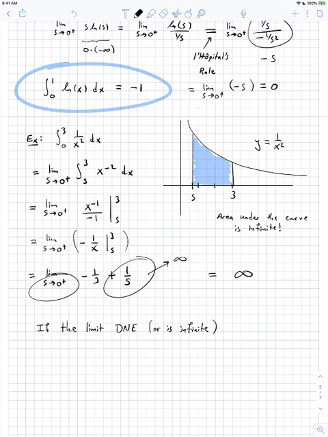So if the limit does not exist, we say the improper integral diverges. Sorry, if it doesn't exist, you say that it diverges. So in example 3, the improper integral diverges.